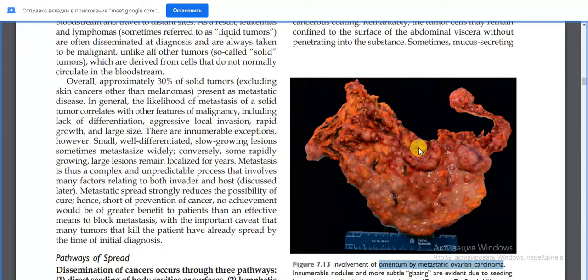For example, from my practice, prostate cancer: when it invades the surrounding connective tissue, it's not metastasis, it's just invasion. But when it penetrates into the rectum, it is a metastasis, and of course it is treated in an absolutely different way.